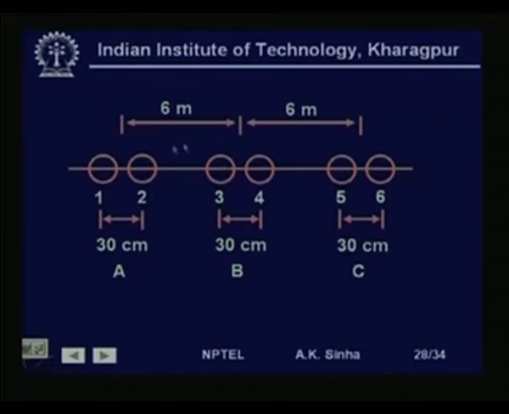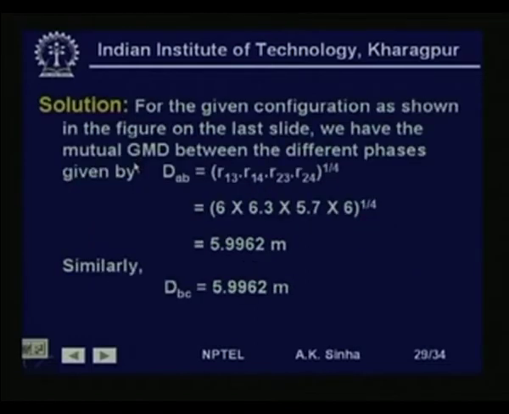Again, if we take the distances from this to this and this to this, that will also be the same. So, D_AB is the fourth root of the distances between 13, 14, 23, 24.